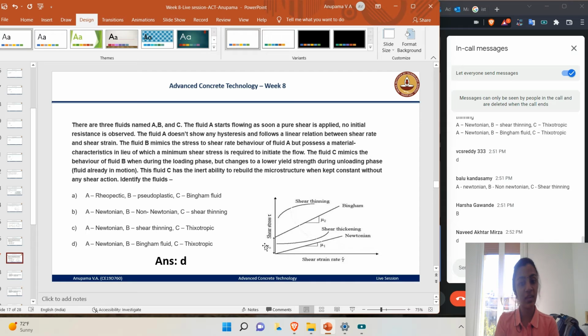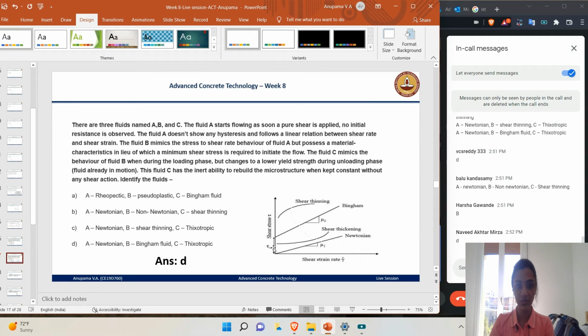Non-Newtonian means it can be anything other than Newtonian. Bingham clearly states that it mimics the performance of Newtonian, but with the initial shear stress, that is the yield stress. So option D only states that B is a Bingham fluid. Generally we can go with that, but just to confirm, what about C? C shows that in the hysteresis loop, during the loading stage, it mimics B. But when it comes back, it goes to some yield stress which is lower than the initial yield stress.